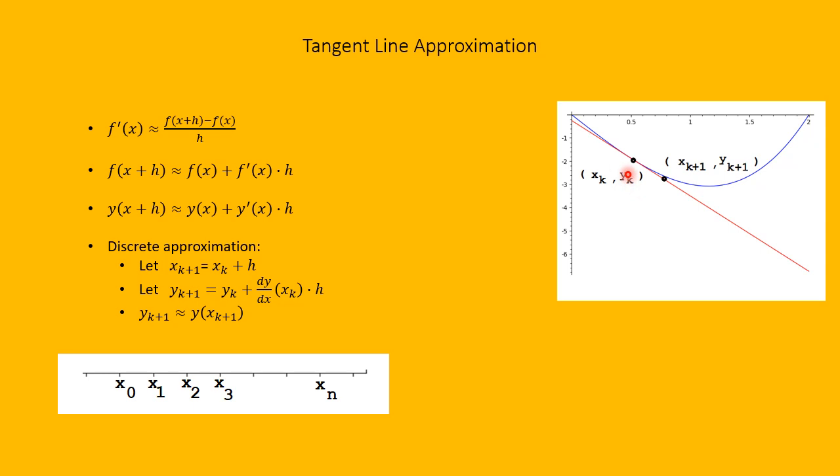If h is small, this point on the tangent line should be pretty close to this point on the curve corresponding to that same x value. As you let h get bigger, then these two might diverge quite a bit, but we're only interested in this approximation for quite small values of h.